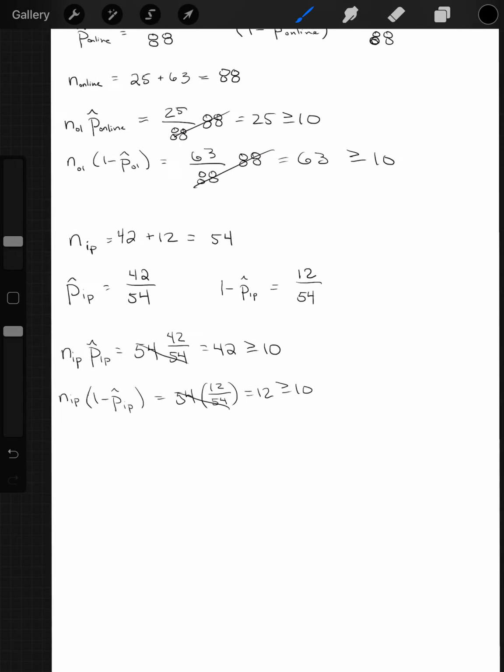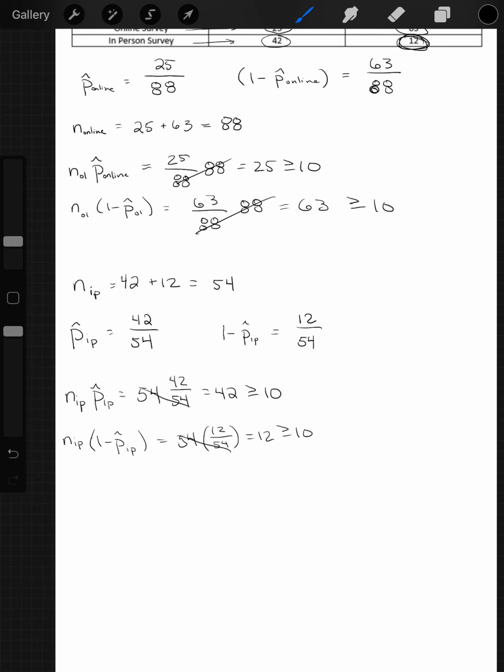So, we just need to figure out what E is. So, E is going to be Z sub alpha over 2 times the square root of p-hat online, 1 minus p-hat, or this is in person rather.